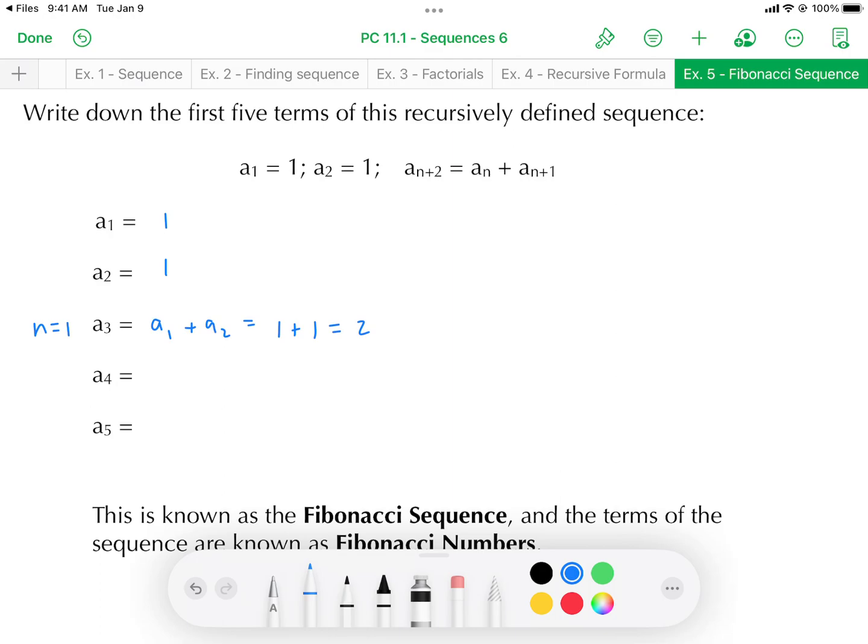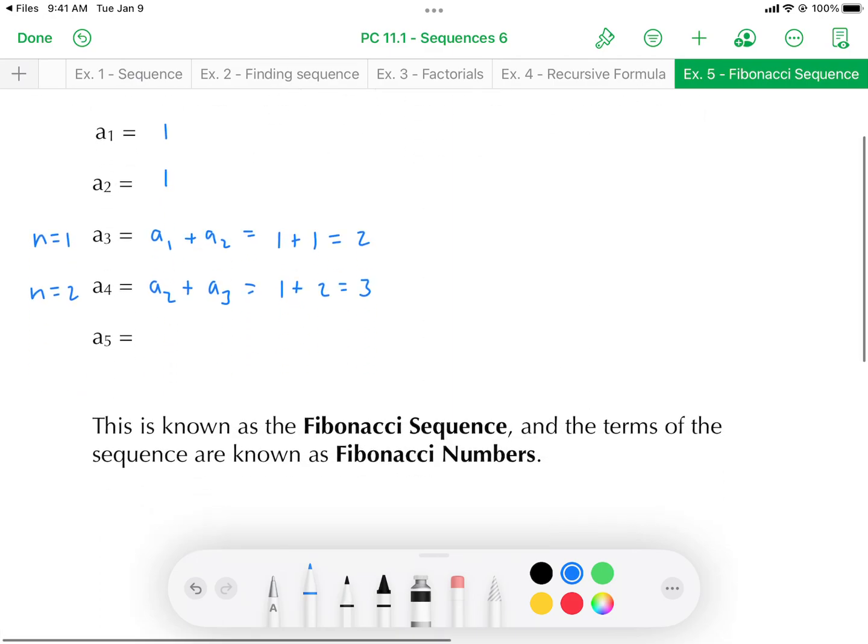A sub 4, that would mean n is 2, is equivalent to a sub 2 plus a sub 3, or 1 plus 2, which is 3. And then a sub 5 would mean n is 3. This would equal a sub 3 plus a sub 4, or 2 plus 3, which is 5.